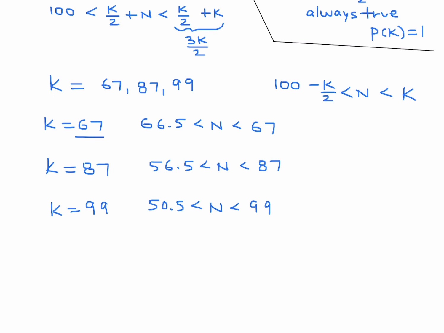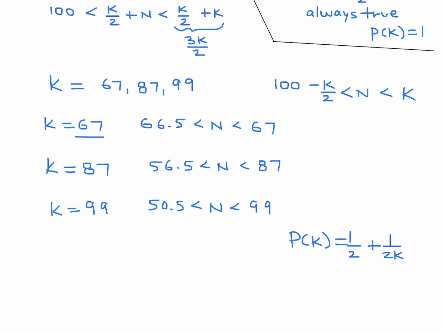So clearly the minimum pk is when k is 67. And if you're interested, the actual formula for calculating pk is 1 over 2 plus 1 over 2k.